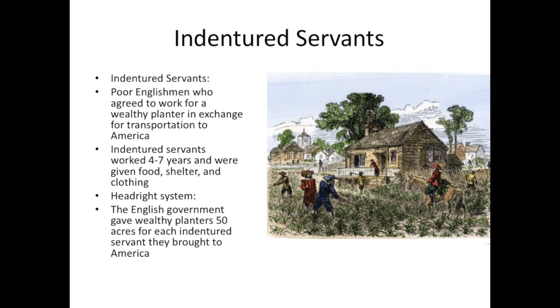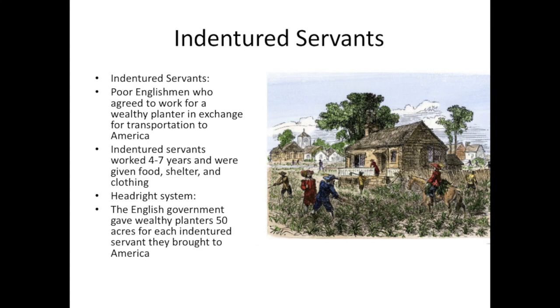So if you brought over 10 indentured servants, you got 500 acres of land. If you brought over 100 indentured servants, you got 5,000 acres of land. And that acreage did not go to the indentured servant. It went to the wealthy planter that brought the indentured servant over.